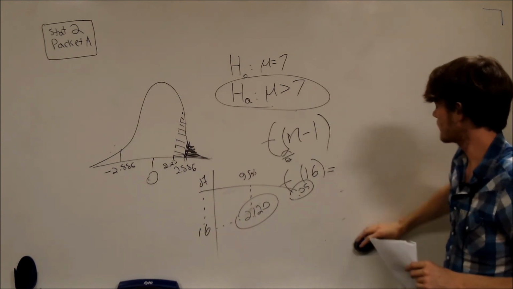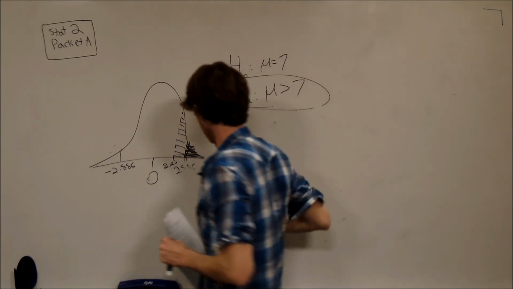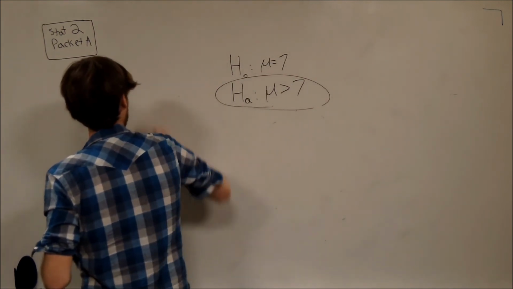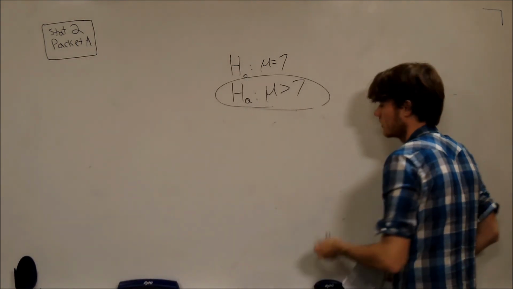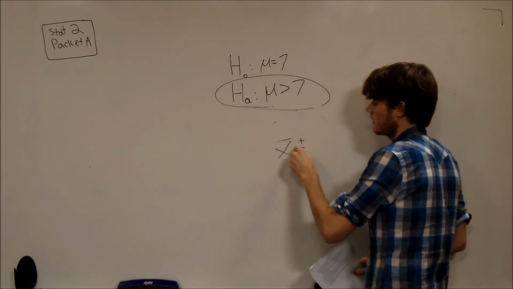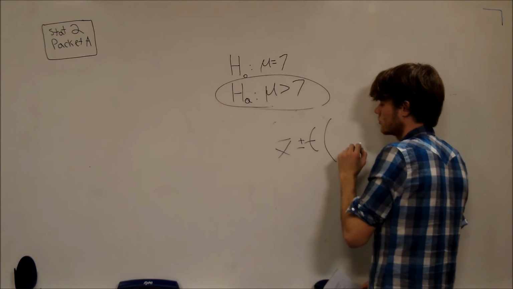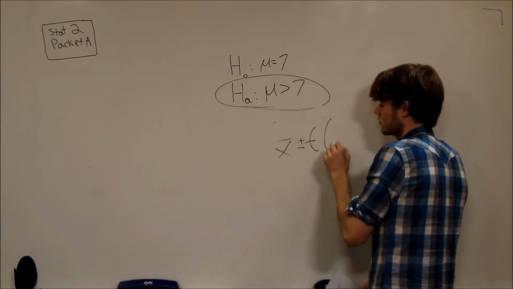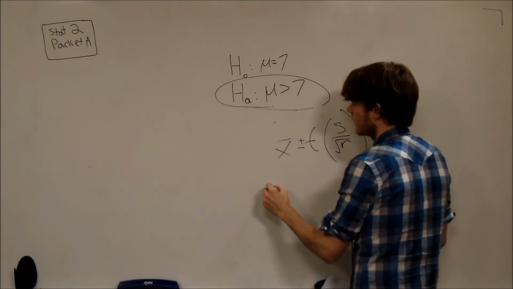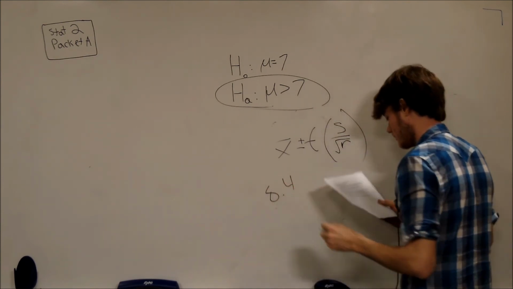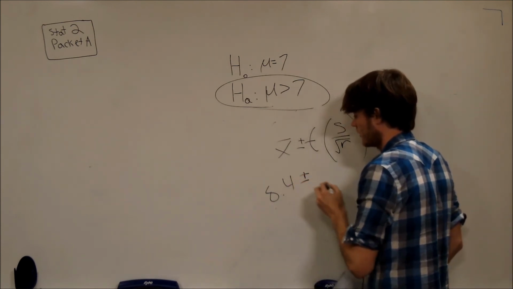Now if we want to create a confidence interval of these values, all we have to do is x bar plus or minus t times s over the square root of n. So that's 8.4 plus or minus.